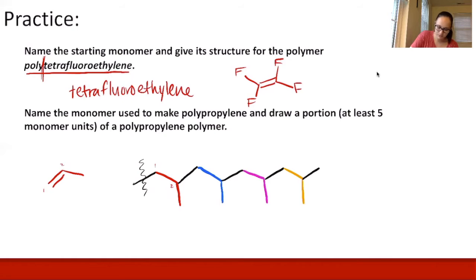Okay, so as you can see, we're just kind of going to keep going. I have 5 subunits now, 5 monomer units. So each color that I put here is a monomer unit. Okay, so you can see that it has those 3 carbons. Then each side of the alkene is connected to another monomer.